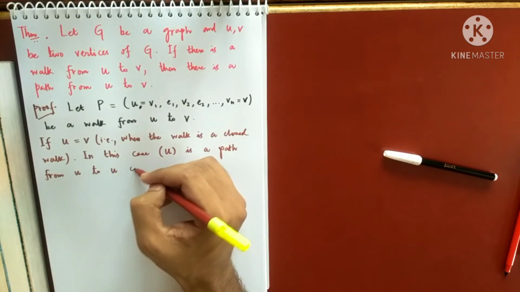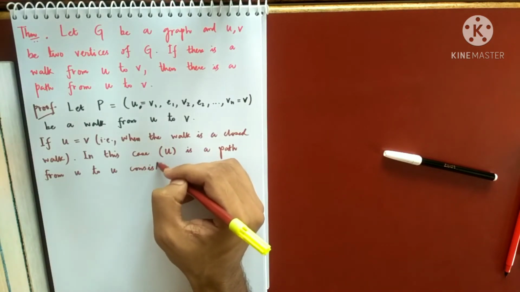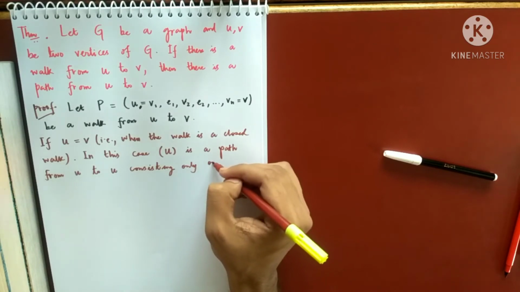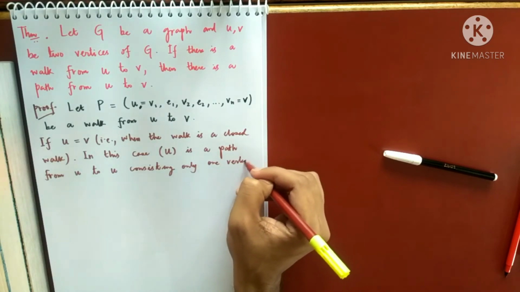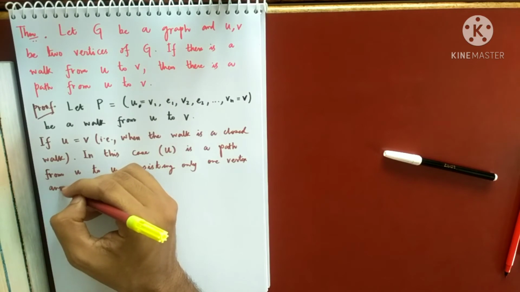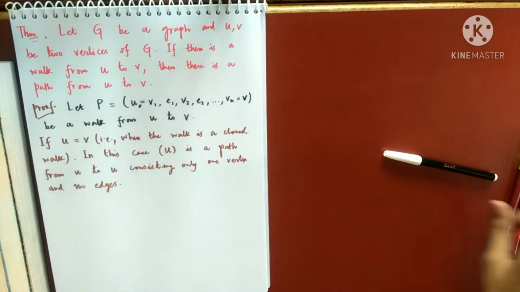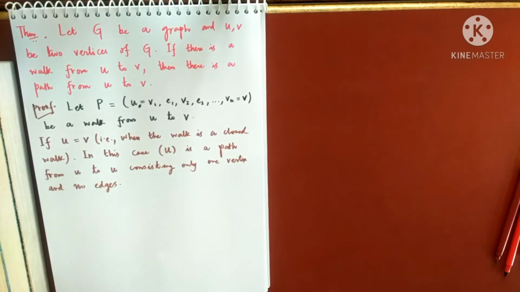You can write that down. So understood my point? Whenever you have a closed walk from some vertex, just considering a path consisting of that vertex will give you a path from U to U. So when the walk is closed, finding a path is very simple.